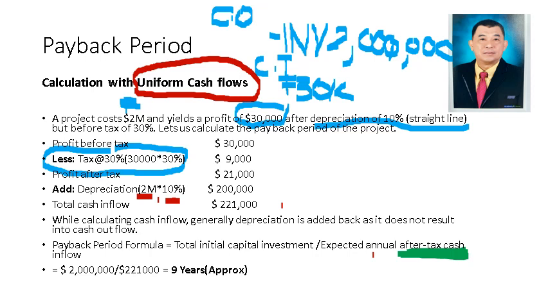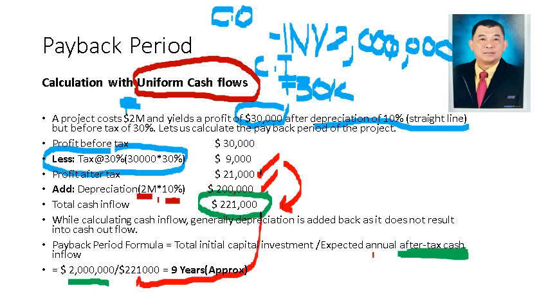So the total capital investment is 2 million divided by your after tax cash inflow, which is 221. Again, how did you come up with 221? This one, 21,000 plus 200,000 gives you 221,000. And this 221,000 is here.